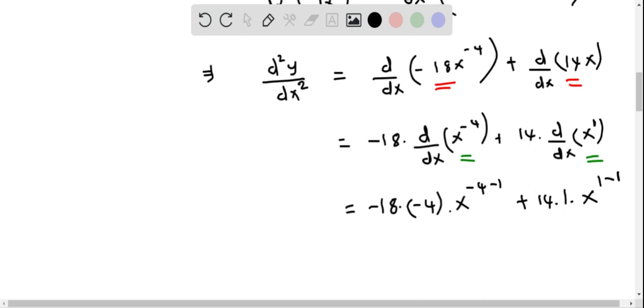So therefore this becomes x raised to the power of 1 minus 1. Now this is equal to negative 18 times negative 4, which is positive 72, times x raised to the power of minus 5, plus 14 times 1 is 14, x raised to the power of 0. So x raised to the power of 0 is equivalent to 1. So we can simply write down this as just 14.